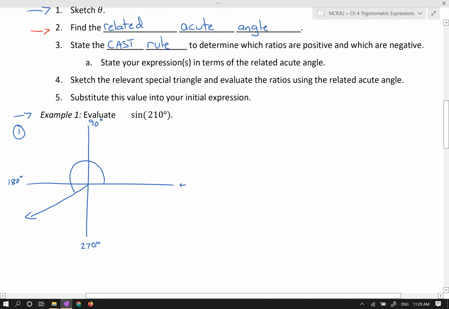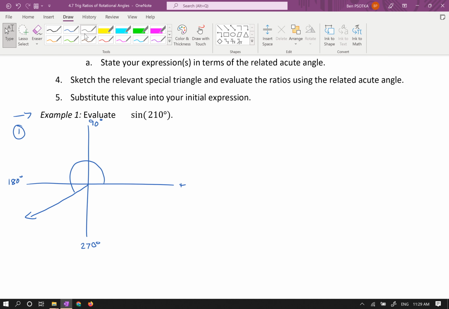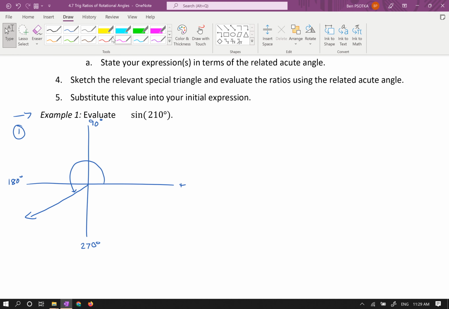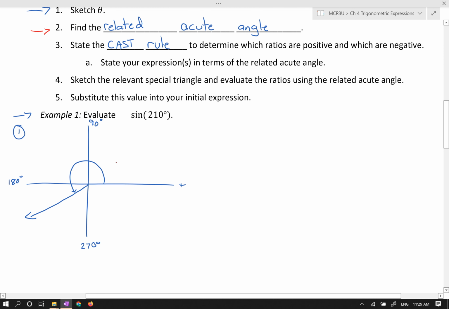Well, if we're working in quadrant 3, we can come up with our related acute angle just by logically thinking about it. If I compare my sketch, I know 210 degrees is a little bit more than 180 degrees. So that's 180 degrees here, and then I have my related acute angle.